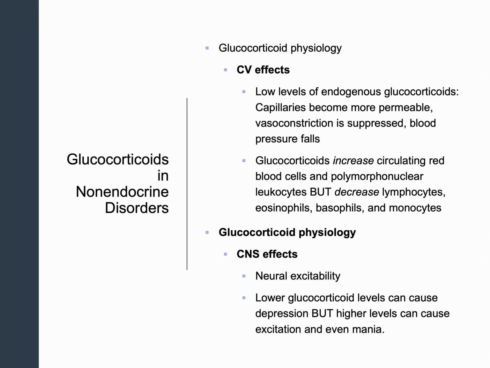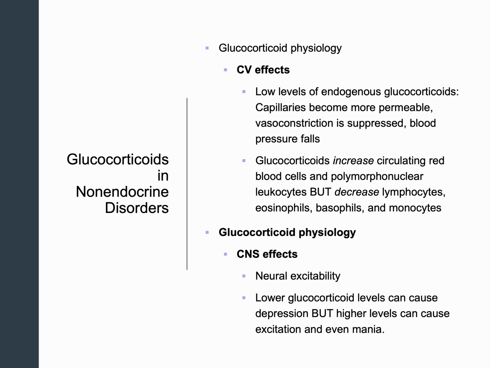Glucocorticoids also play an important role in the physiology of our cardiovascular system. They are required to help maintain the functional integrity of the vascular system. And when levels of our endogenous glucocorticoids are low, capillaries become more permeable and vasoconstriction is suppressed, and it can cause blood pressure to fall.